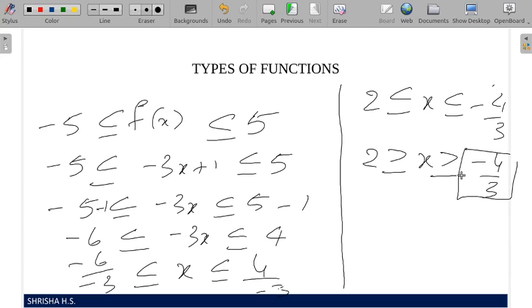The least value possible for x is minus 4 by 3. To make meaning out of this, we are changing this side, but our real interest is minus 4 by 3 because that's the least possible value for x.